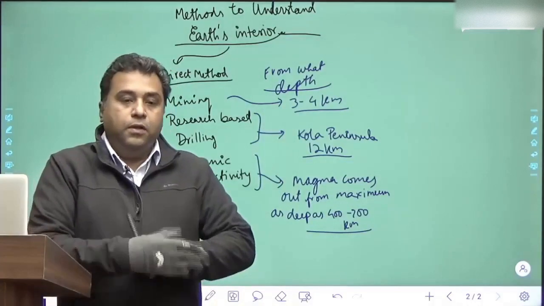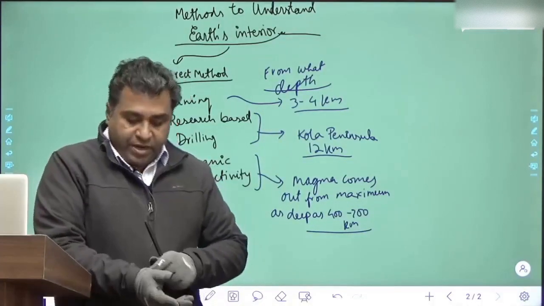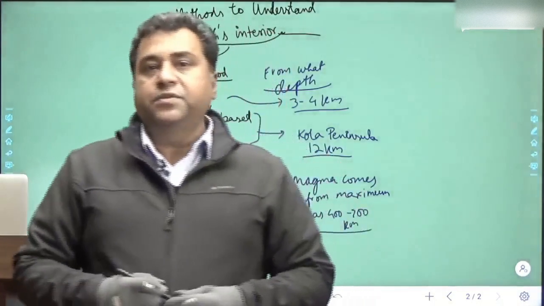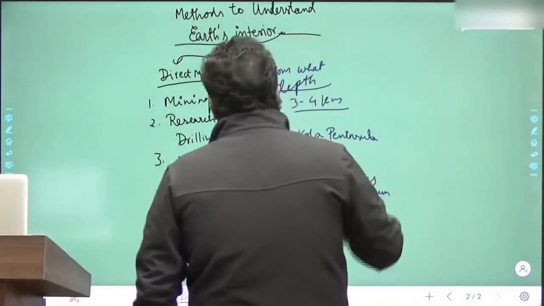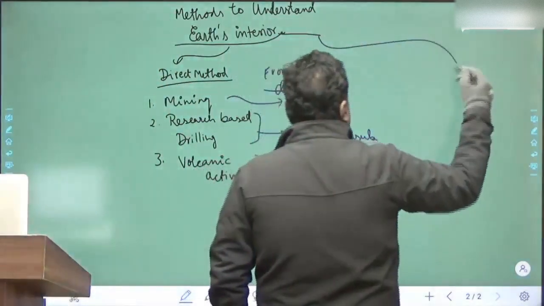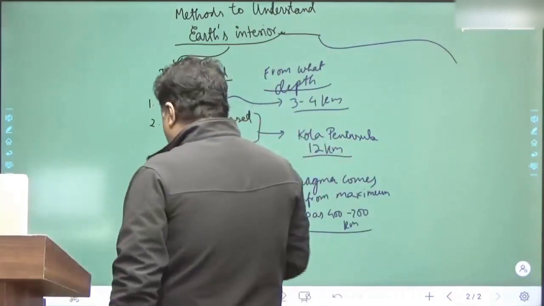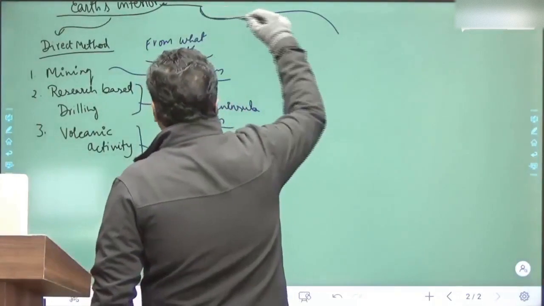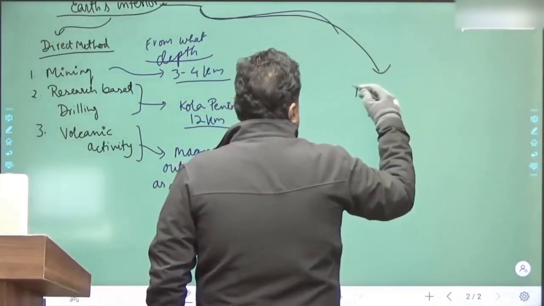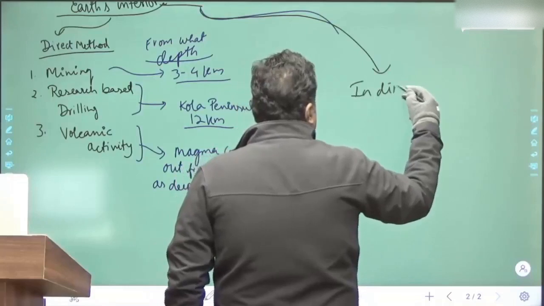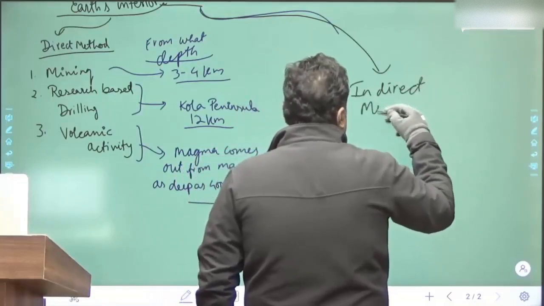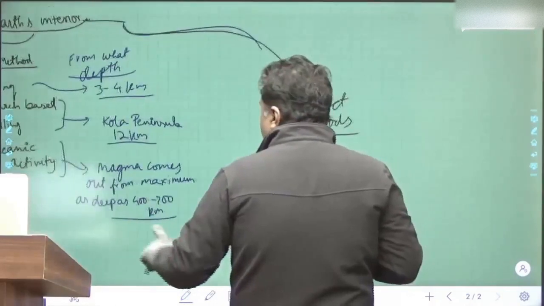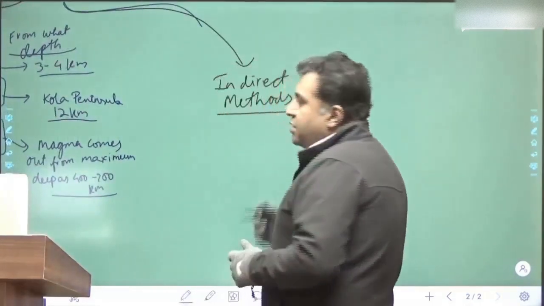Okay. So if we can't come to know directly about some region because we can't go there, what are the other methods that we use? This is where we use the indirect methods to understand the interior of the earth.